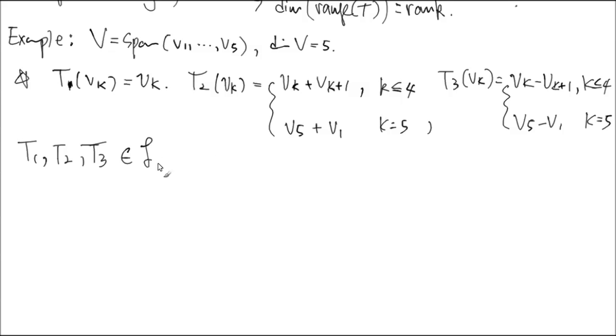This is a linear map from V to V. VK goes to VK, that's the same world, and these are all V to V. So we recognize T1, T2, T3 is inside L(V,V).